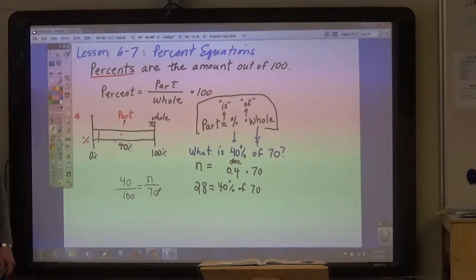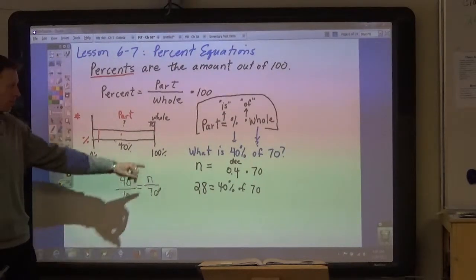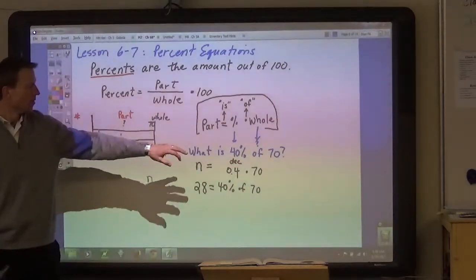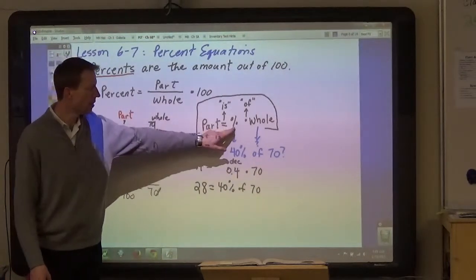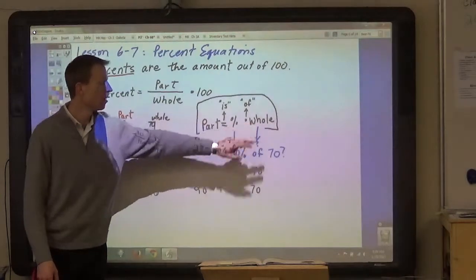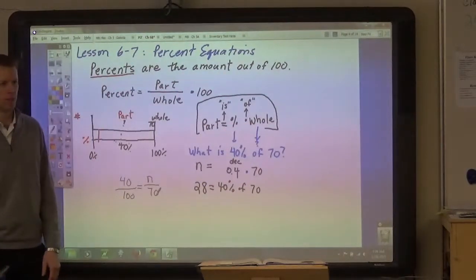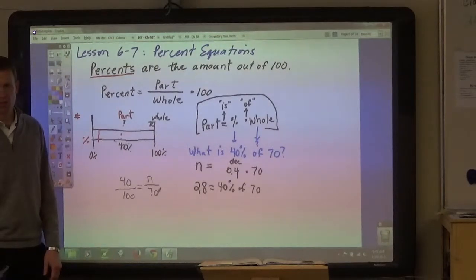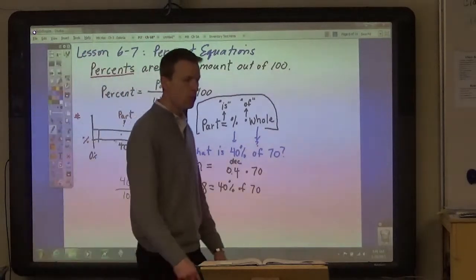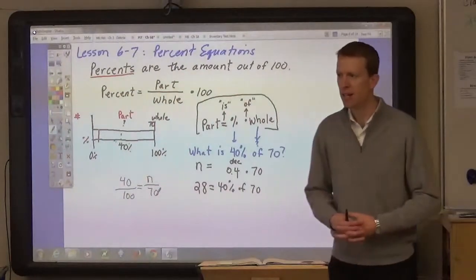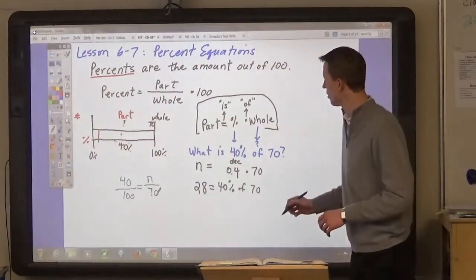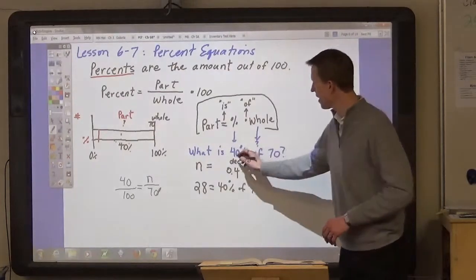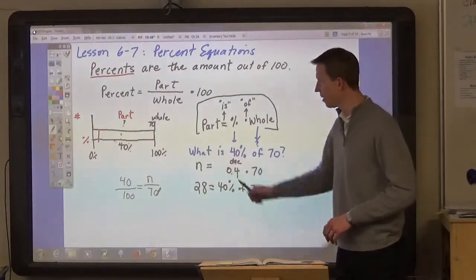Now, one of the ways to look at this also is to remember that the part is equal to the percent times the whole. The part will always equal the percent times the whole. So, in other words, if you needed to find 90% of something, you could change the 90%, or like this 40%.